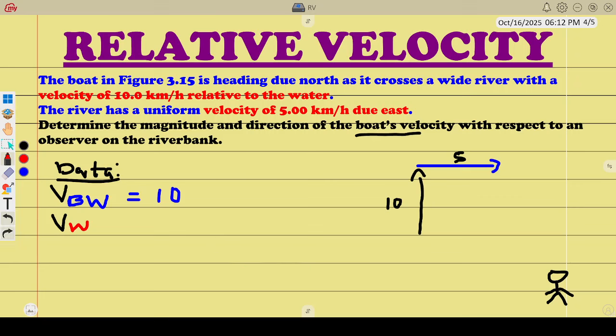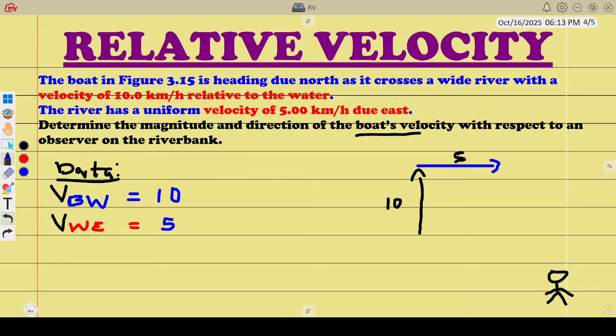So if they do not tell you what something is relative to, you can just say it is relative to the earth, which is the ground. So this is the velocity of the water relative to the earth. They have given us it is 5 kilometers per hour due east.